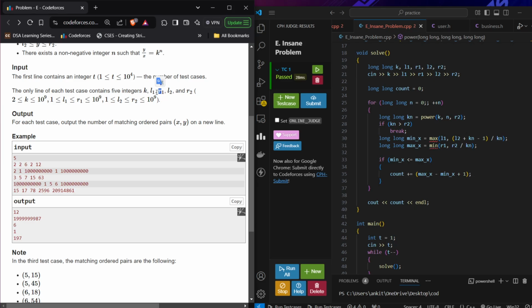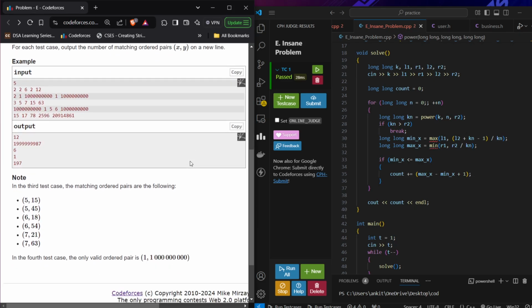Whatever power we apply to k, it should not cross beyond R2. Why so? Because in this example the maximum is 45 and this is 63, and all our y values should be in the given range. Similarly, since we know the range of R2, we won't go calculating for all the numbers, so a limit will be added to our power function.